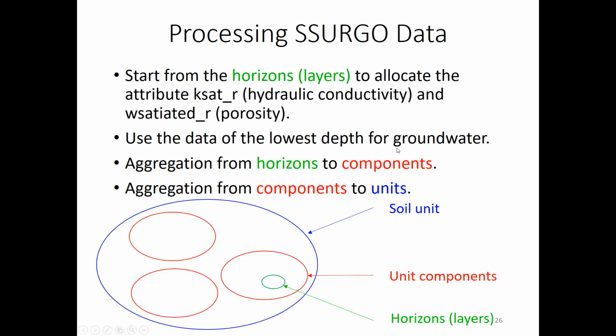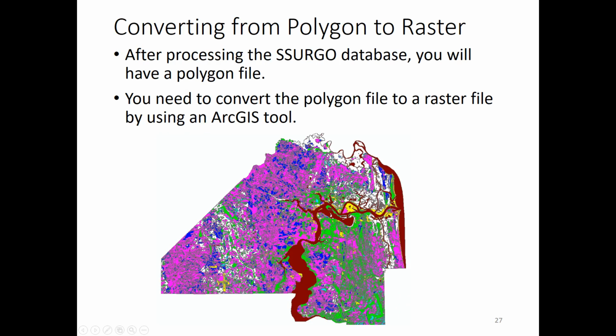Normally, it's very hard to get hydraulic connectivity for a neighborhood. After that, you process the horizon data, aggregate from horizon to component, and then aggregate from component to soil unit, and then you have this figure. You convert this polygon file into a raster file, and then you can use it to run your ArcNLET.